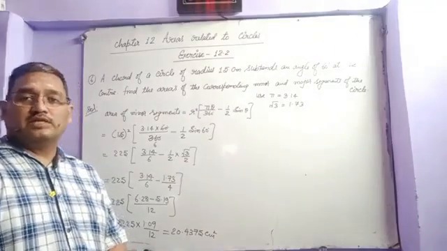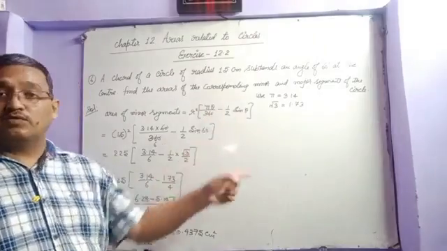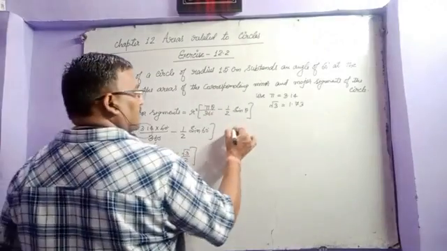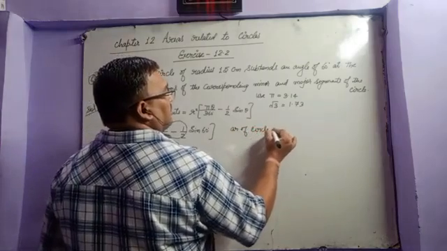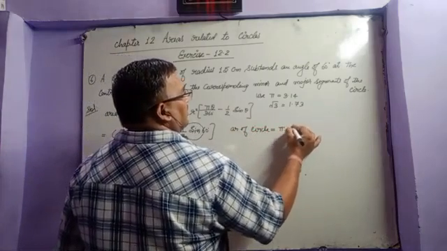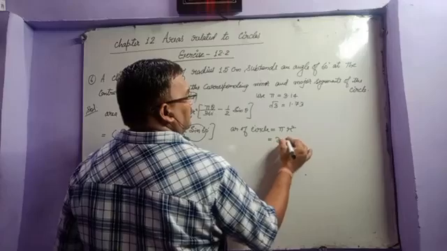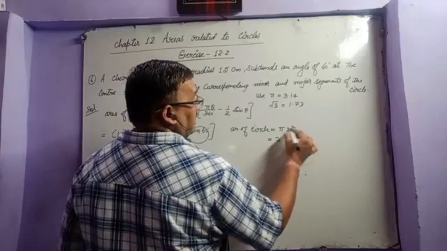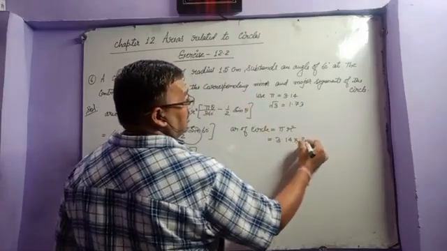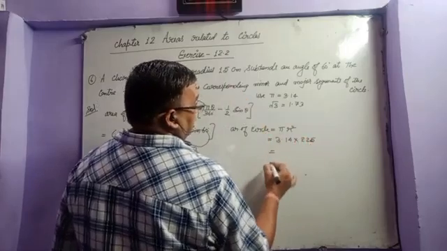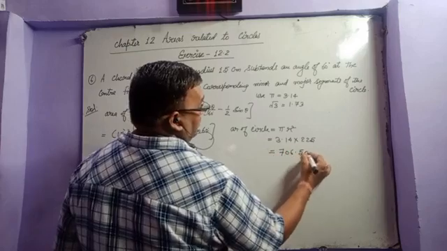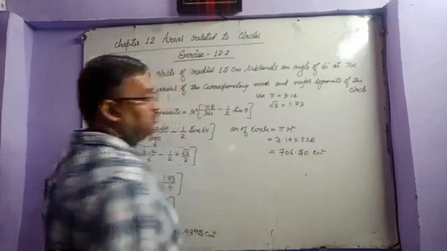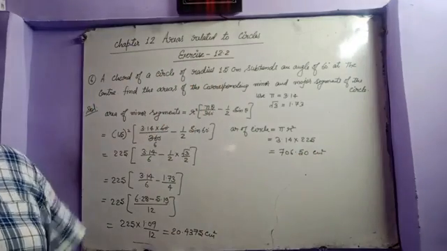Now for the major segment, we will first calculate the area of the whole circle. Area of circle is pi r square, 3.14 into r square, 15 and its square is 225, so that is 706.50 centimeter square. So this is the area of the circle.